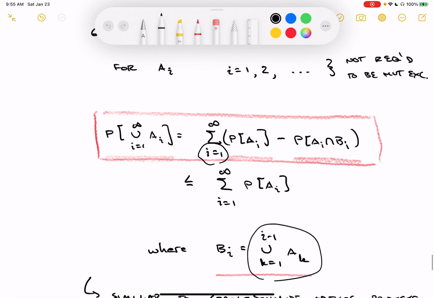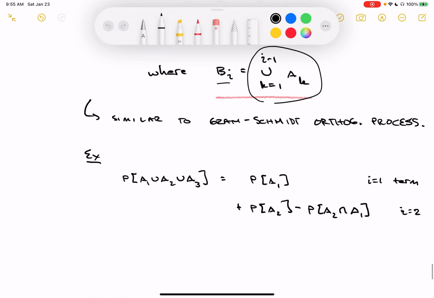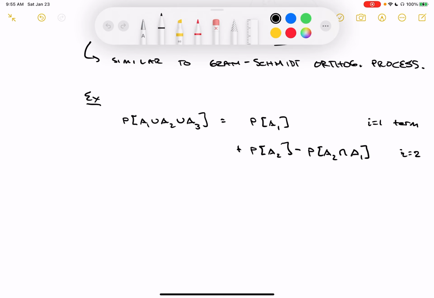If I go back up to this guy, I go i equaling 2. I'm going to have probability of A2 minus probability of A2 intersected with B2, but B2 is just a union from 1 to 1 of A, in this case 1, so B2 is equal to A1, which is how I got that term. Then I'm going to add in the last one because there's only 3 terms.